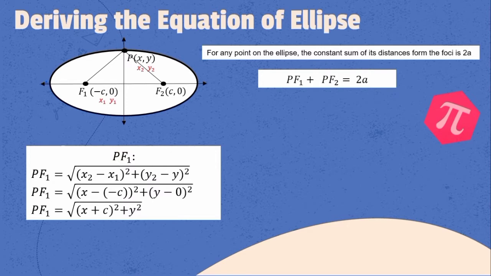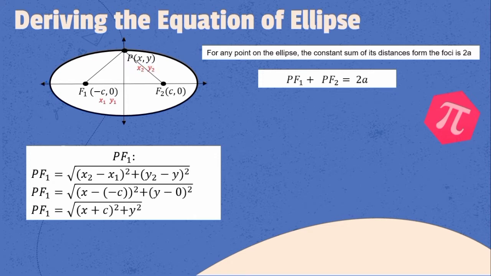To get the distance of 2 points, we will be using the distance formula, which is equal to the square root of quantity x sub 2 minus x sub 1 squared plus quantity y sub 2 minus y sub 1 squared. Now letting our coordinates of the first focus be x sub 1, y sub 1, and the coordinates of our given point be x sub 2, y sub 2, we can now simply substitute.